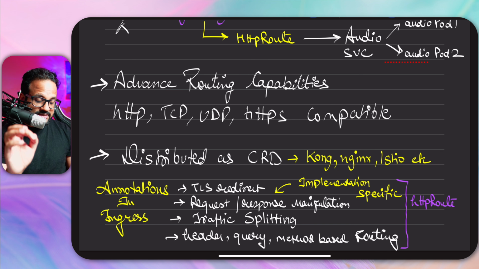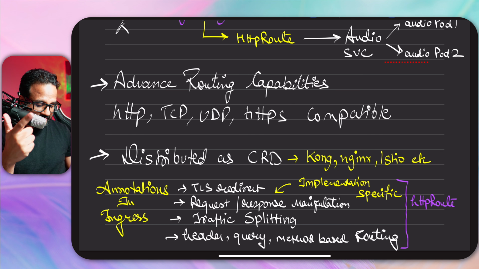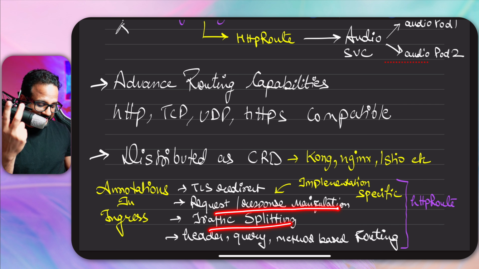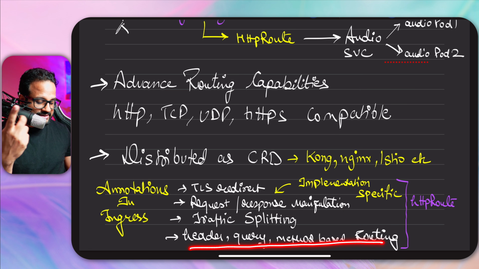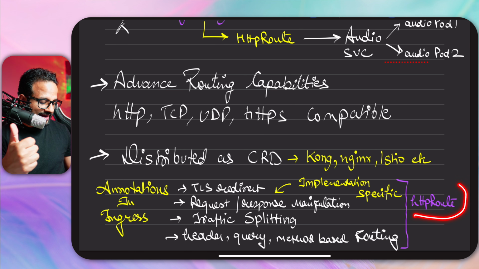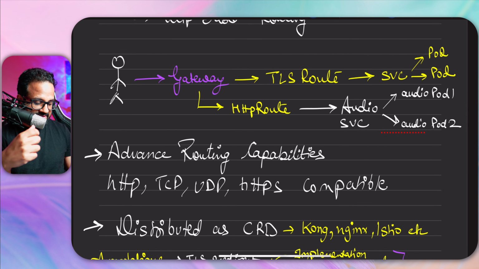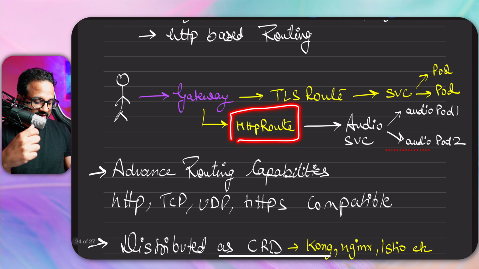So this particular Gateway API resource provides you flexibility in that everything including your TLS redirect, request and response manipulation, traffic splitting, and different routing such as header, query, and method based, all of these will be baked inside a new resource which is called HTTP route. Okay, so basically this is what we've discussed over here, right?